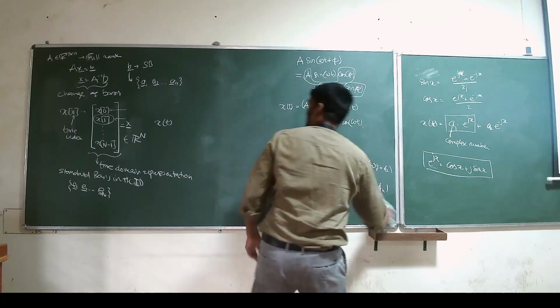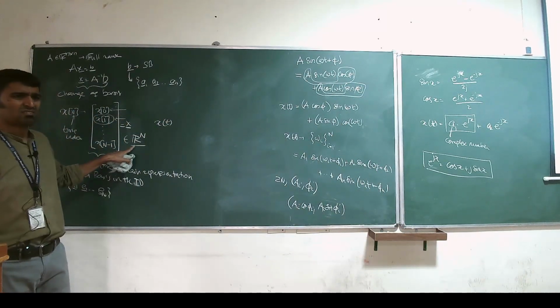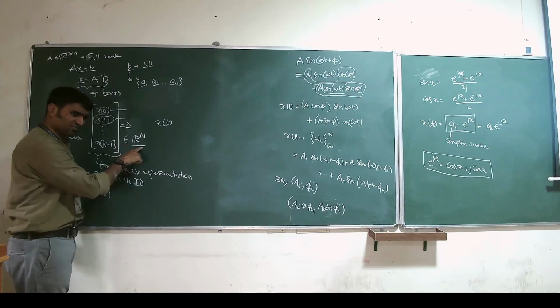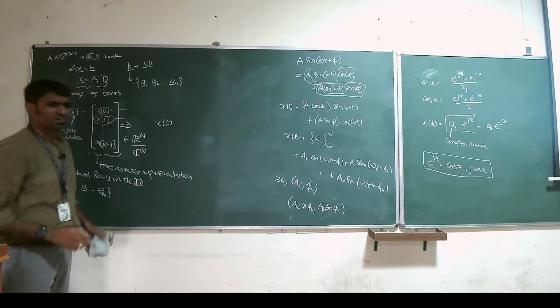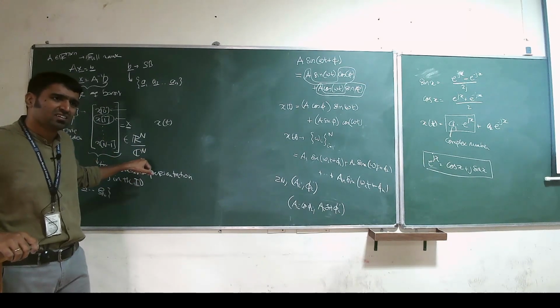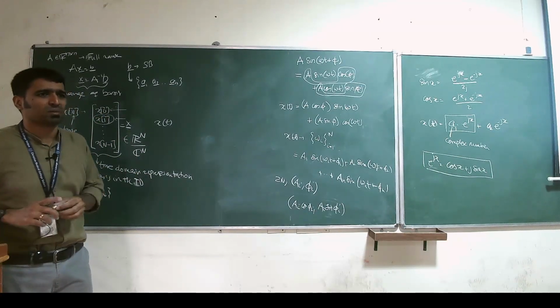When we started, we were talking about signals from Rn. We will now generalize this and say that if it's an element of Rn, it's also an element of Cn. So we'll simply treat this as a signal sitting in Cn, because these are all complex numbers with no imaginary part.